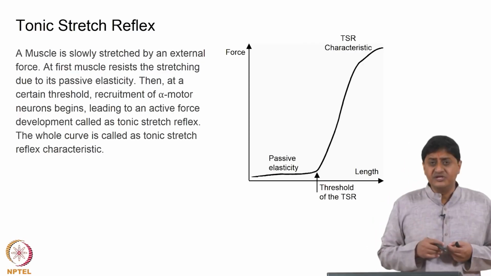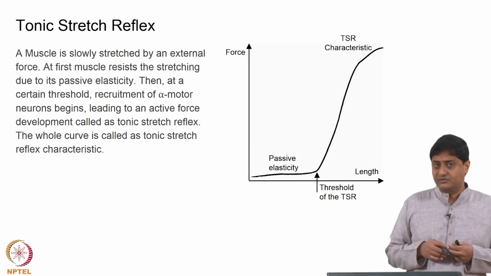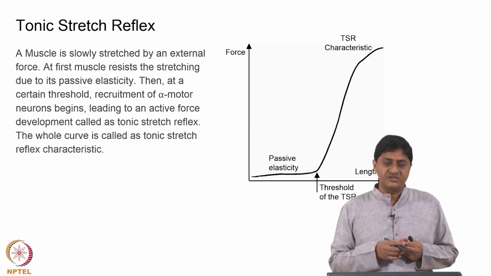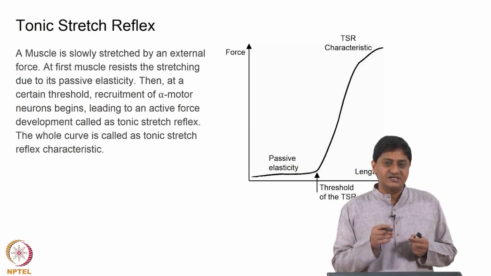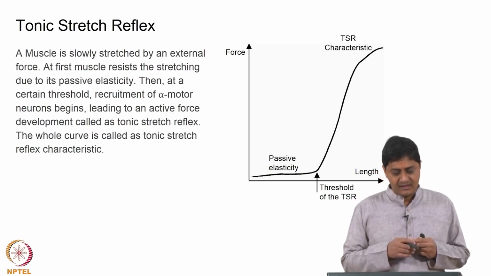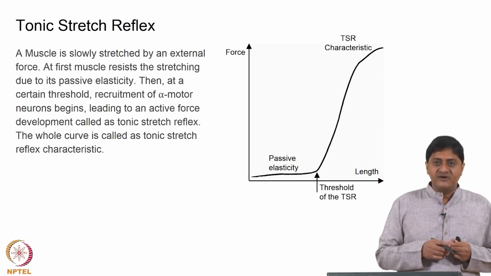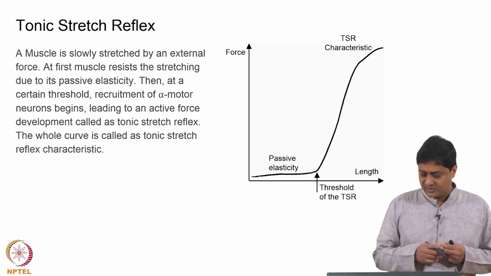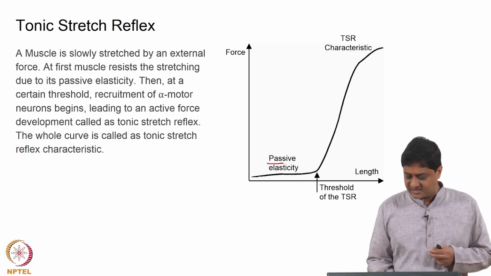If a muscle is slowly stretched, let us remember what I mean by that. A muscle is stretched, but the rate at which it is stretched is relatively low. At first the resistance to this stretching is due to passive properties.